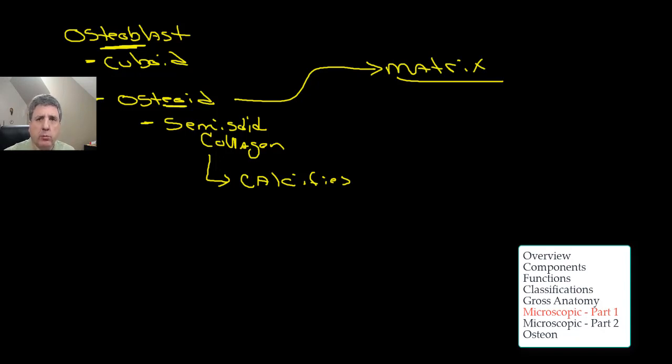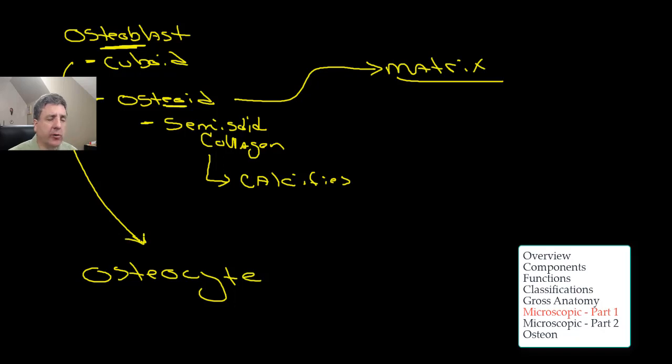So the slug is moving along, it slows down, and the osteoid covers up the slug, but those calcium salts, those salt crystals, continue to deposit on the matrix, that collagen, that osteoid, and now the slug is covered up by the hardened bone. At that point, the osteoblast is converted into an osteocyte. So an osteoblast leads to the osteocyte.